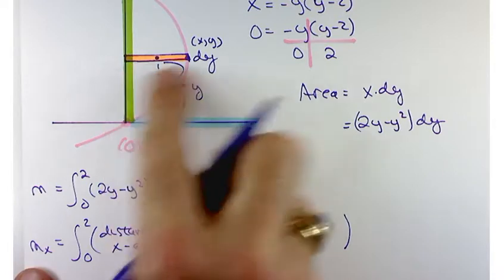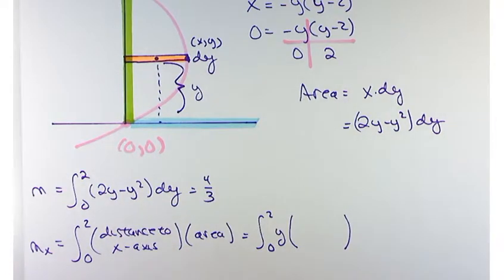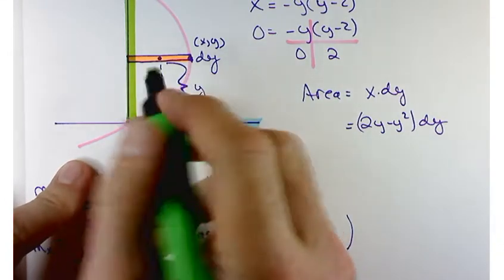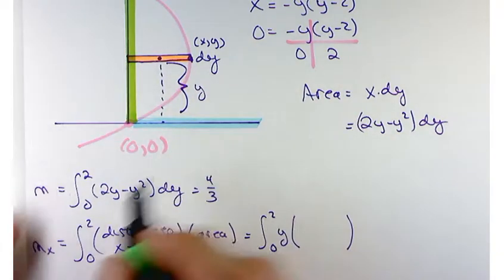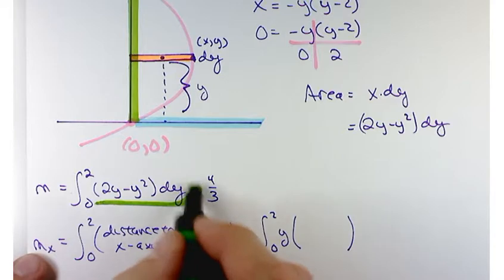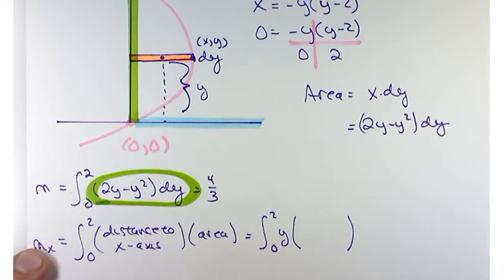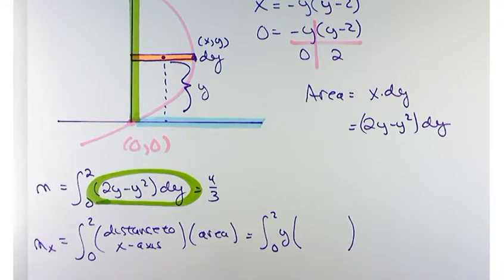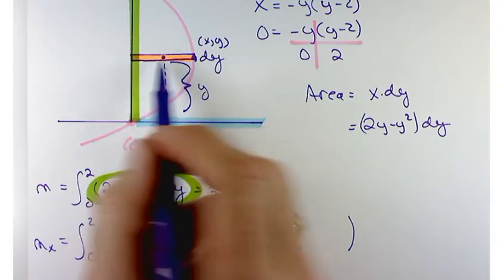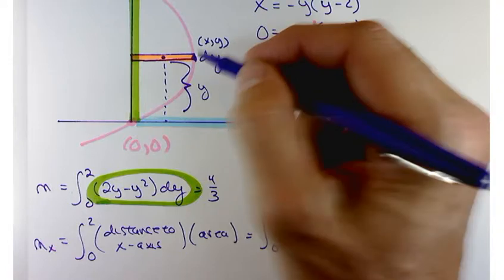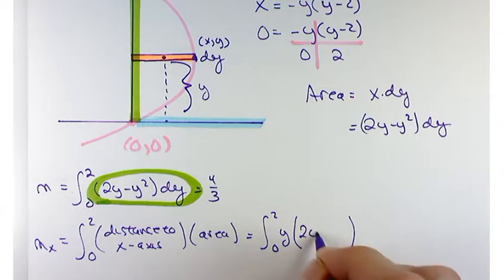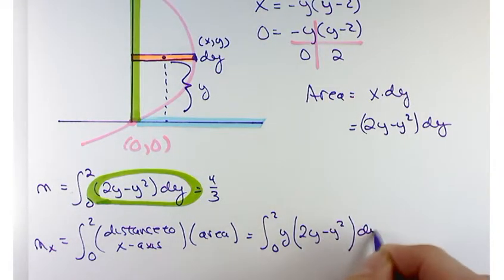Now how about the area of that slice? How can I calculate the area of this slice? Well, I've already did. It's that part right there. It's the width, or the height here, times the thickness. So it's going to be 2y minus y squared dy.